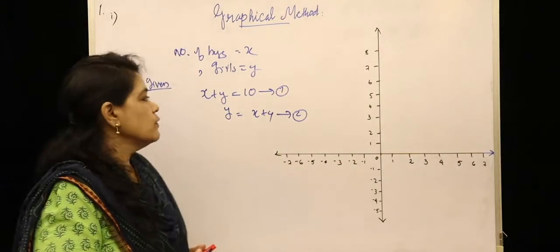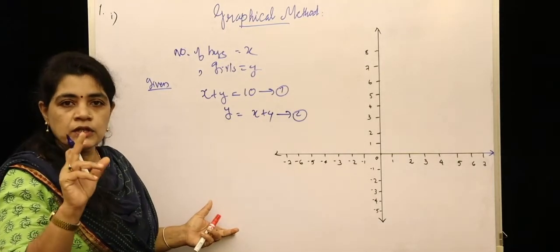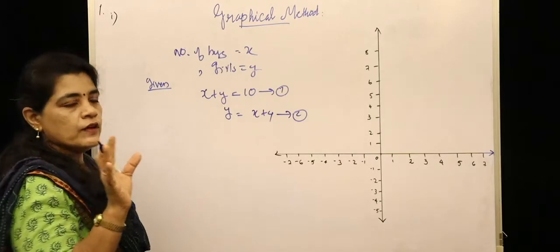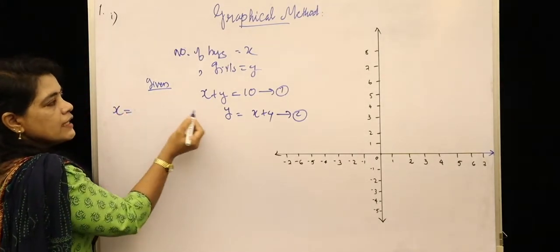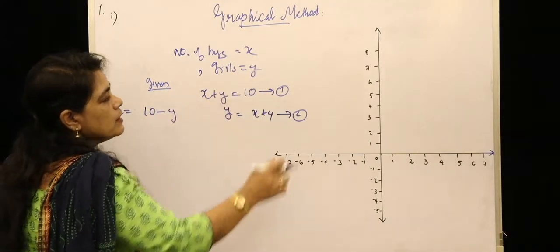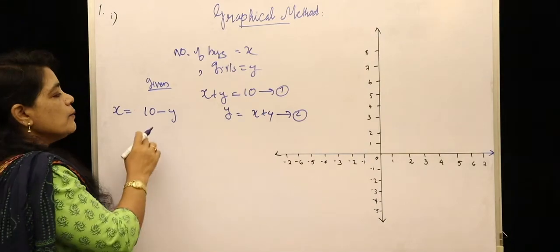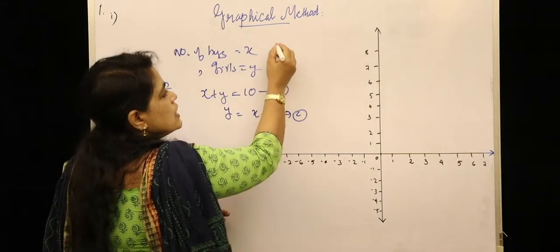Let us see how it works out. From equation 1 we can represent it with respect to one of the variables. So x is equal to 10 minus y, since y goes to the right side and becomes minus y. Now I am going to draw the solution set for the first equation.